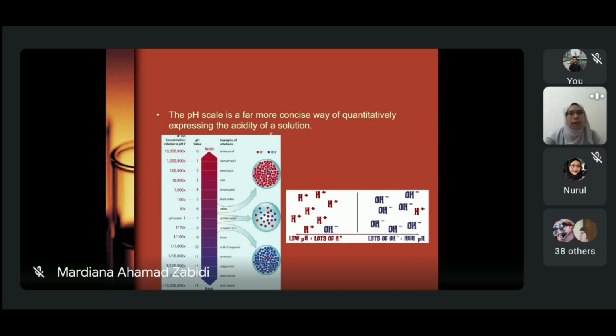When we talk about acid, for example the pH is 1, meaning that it has 1 million times more hydronium ion compared to hydroxyl ion. So this one shows the schematic diagram for the pH that has more hydrogen ion compared to hydroxyl ion.